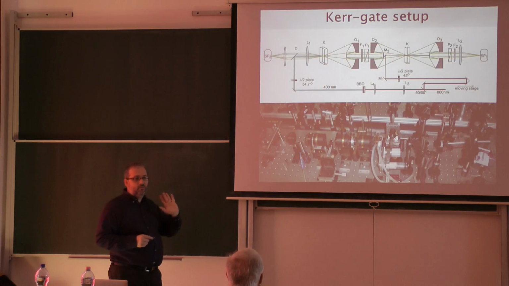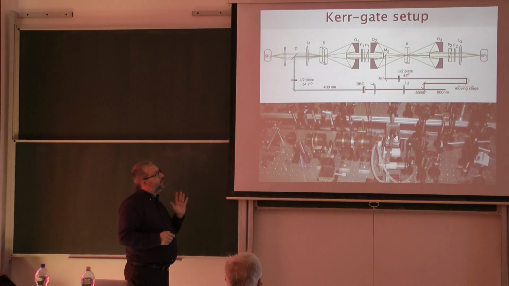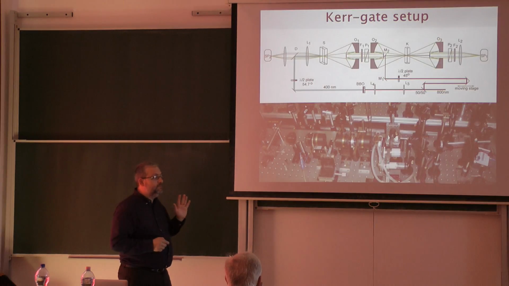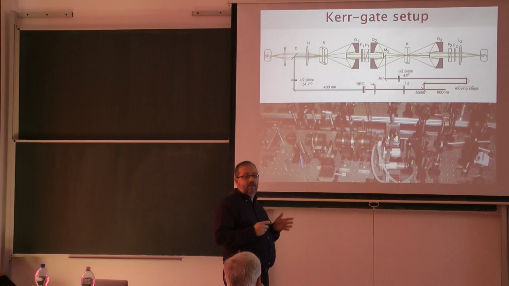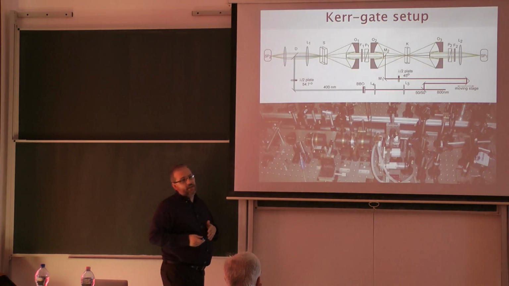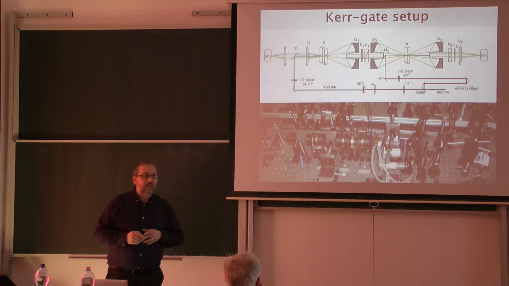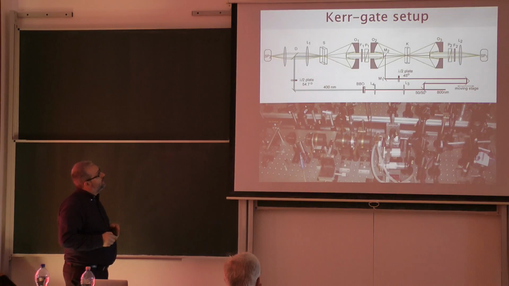And of course, if you want to measure something sub-picosecond, that's a problem. So instead of this, we were using a fused silica plate, where the Kerr effect is much smaller, but the relaxation is much faster. You can use something in between. You can use benzene, and if you use benzene, your relaxation is roughly 500 femtoseconds. So this is how it works.